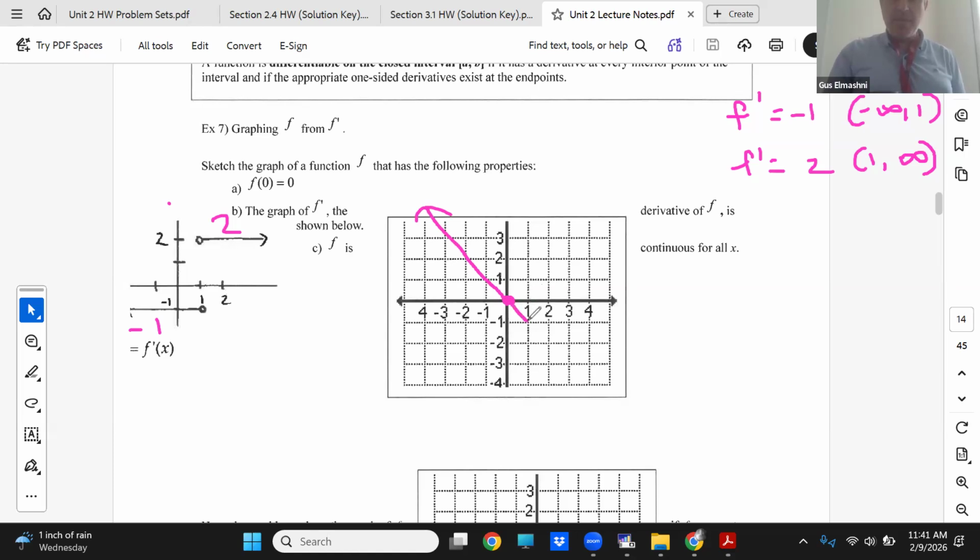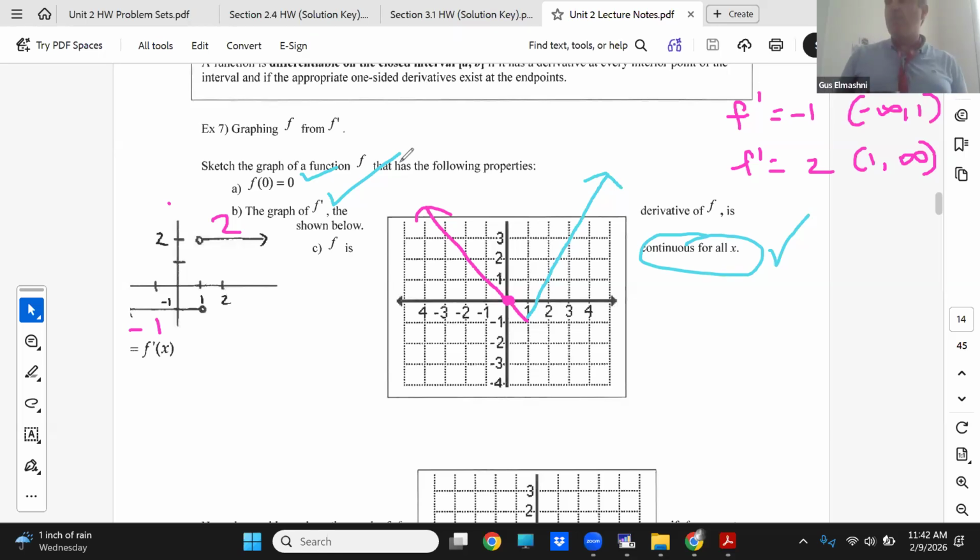It will change slope afterwards. Now we have to make this continuous for all of x, which I did. So check. I had to make sure f of 0 is 0. Check. I had to make sure to use the derivative values. Check. So there we go. That's a sketch graph.